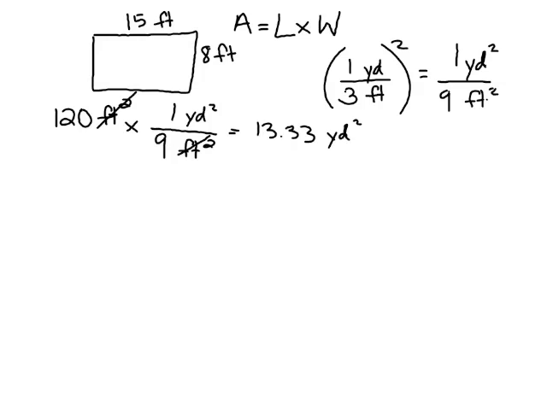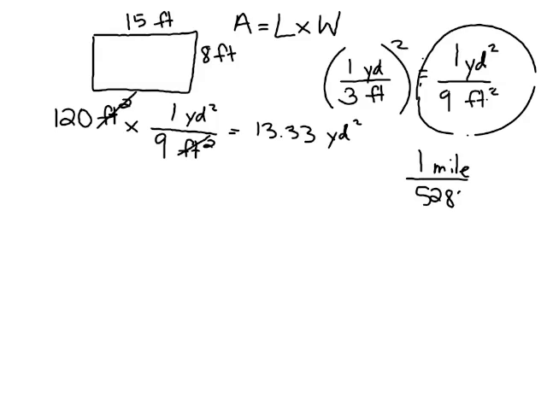How many square miles? What would I need to figure that one out? Conversion back to feet and then miles. Okay, so how do I do that? We already know in 1 mile there's 5,280 feet.